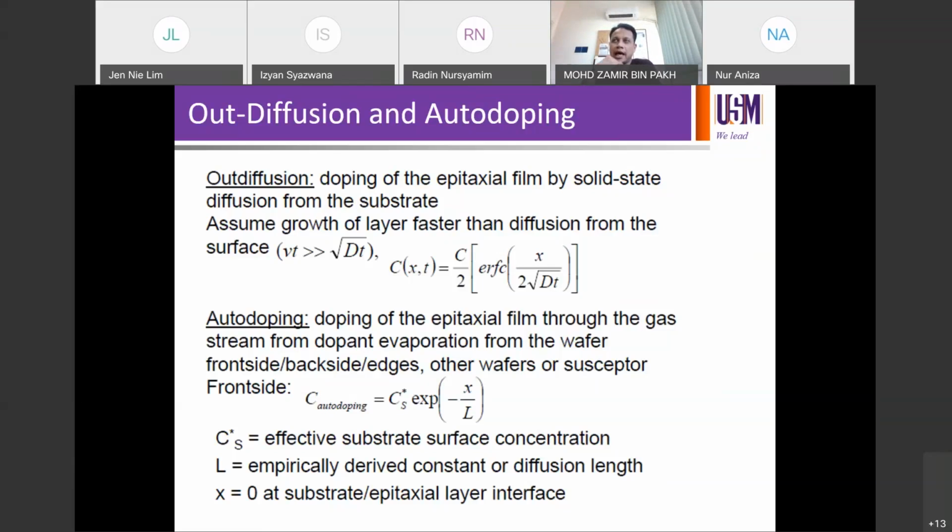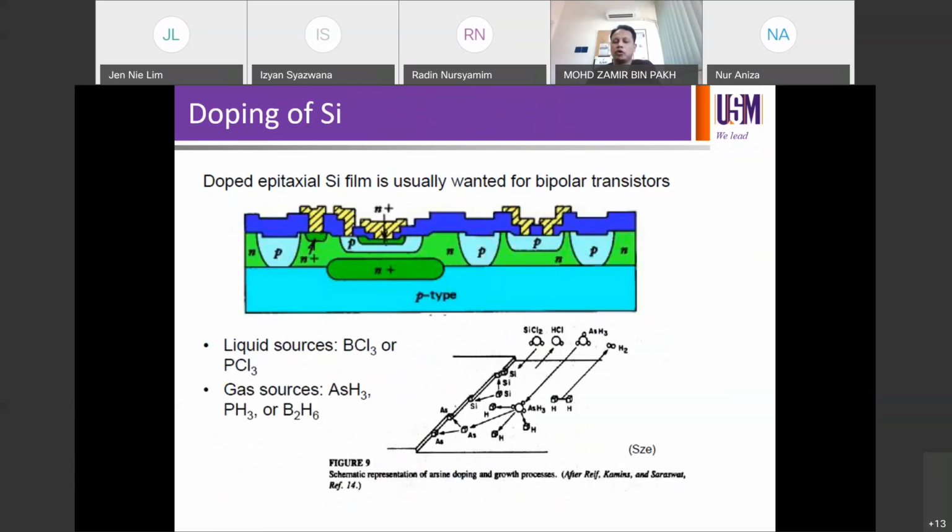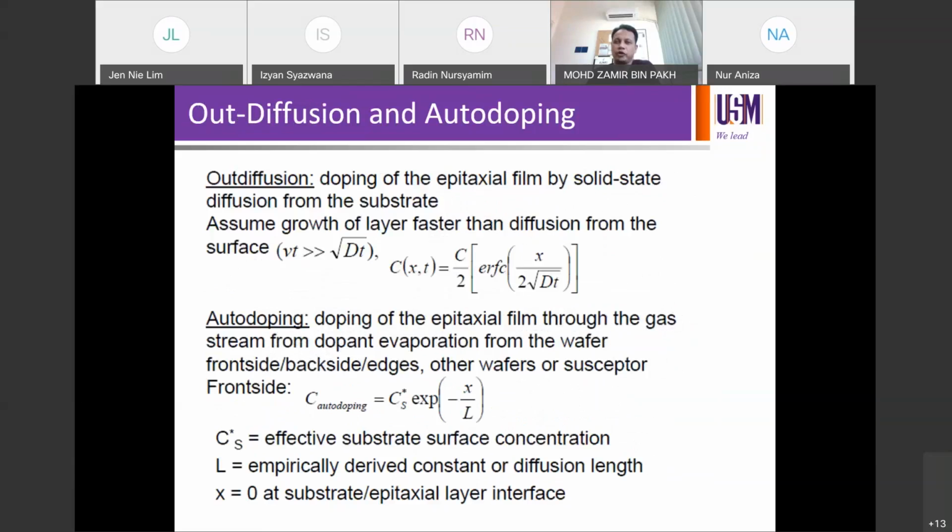You can out diffuse your dopants from the substrate into the epi layer. So for example, if your epi layer is undoped, you can actually out diffuse dopants from the wafer to the epi layer. So that can be done. So that is out diffusion.